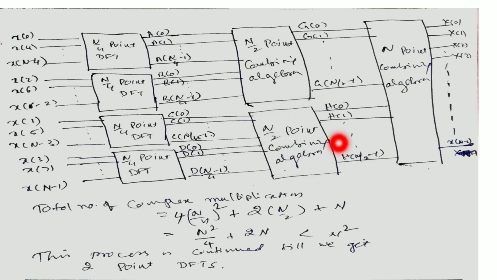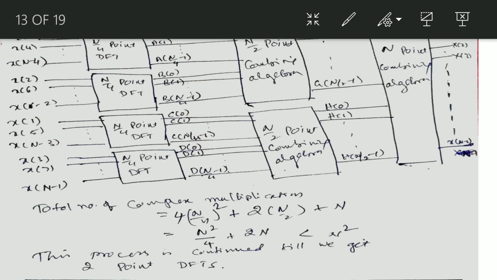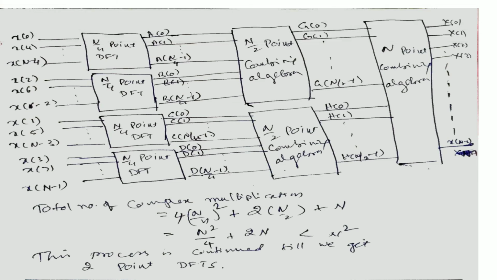Similarly, another n by 2 multiplications here and n multiplications here. Therefore, the total number of complex multiplications is 4 times n by 4 whole square plus 2 times n by 2 plus n, which results in n square by 4 plus 2n, which is less than n square. That means the total number of complex multiplications is further reduced. So this process is continued until we are able to get 2-point DFTs.